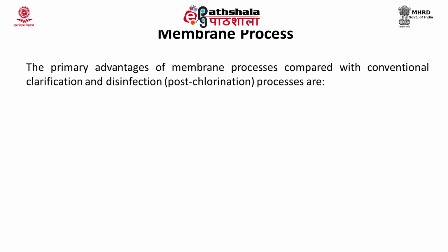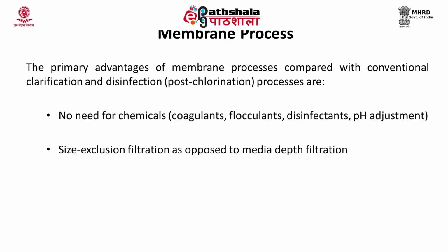The advantage of these membrane processes is that there is no need for chemicals. In the other processes, coagulants, flocculants or disinfectants are added to the water, but in the membrane processes there is no need to add any chemical. The second advantage is size exclusion filtration.